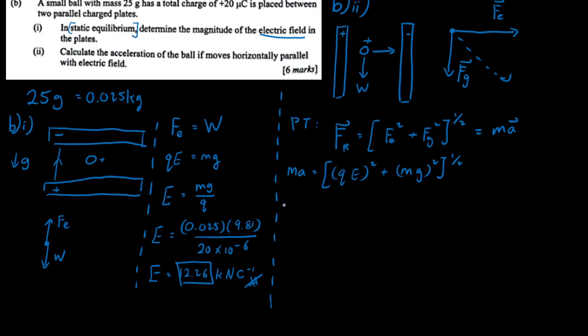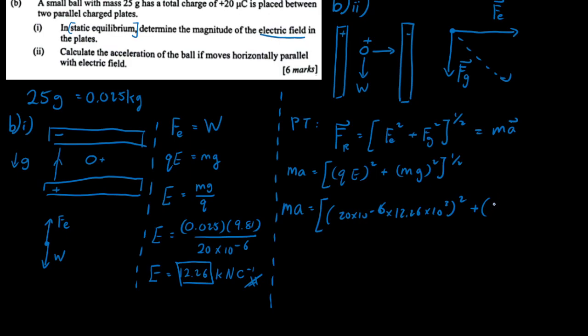What I'm left with is m times a equals to the square root of q. So what is q? q is 20 times 10 to the power of negative 6, and then I have 12.26 times 10 to the power of 3, and then I square that, plus, right?